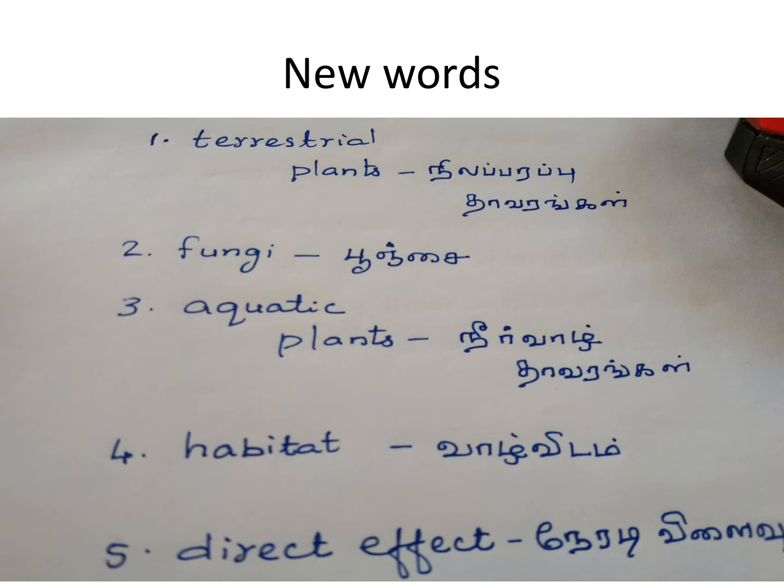So first one, terrestrial plants. TERRESTRIAL, terrestrial. PLANTS, plants. Terrestrial plants. நிலப்பரப்பு தாவரங்கள்.